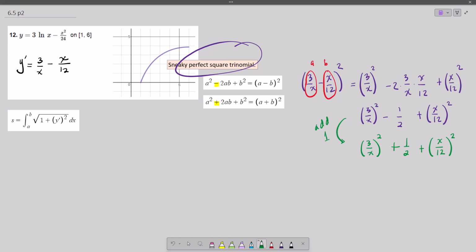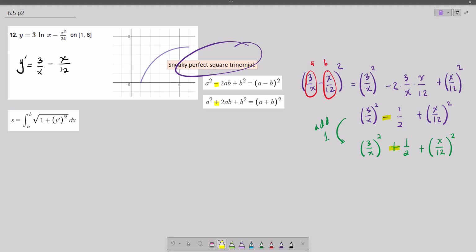What is the only difference between this trinomial and this trinomial? The only difference is the sign. This is identical to this except that we have a different sign. They both have a 1/2 in the middle, but one's a plus and one's a minus.